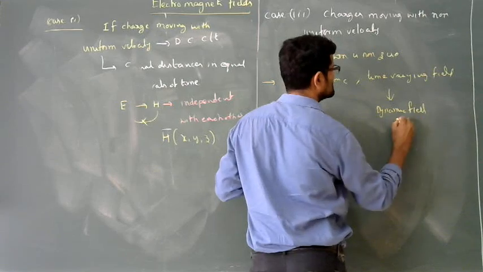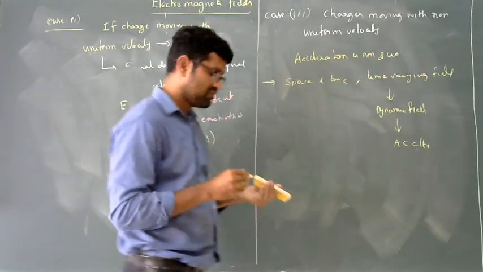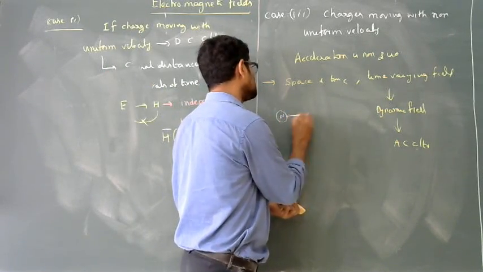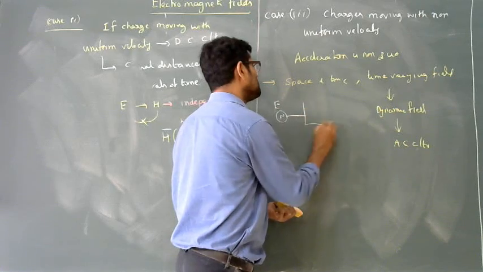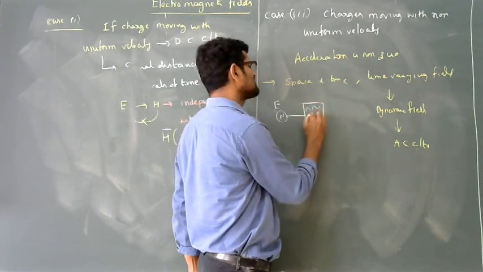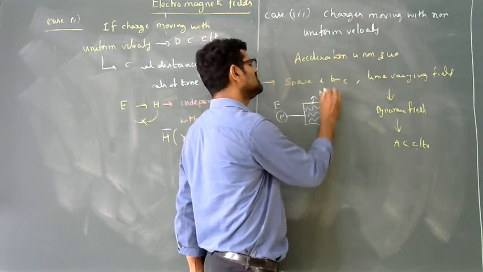Because of these fields, AC currents will exist. Why? Because if you give an AC voltage source to any magnetic circuit, what happens there? AC flux will travel, AC currents will travel. Because of AC currents, the developed fluxes are also AC fluxes.